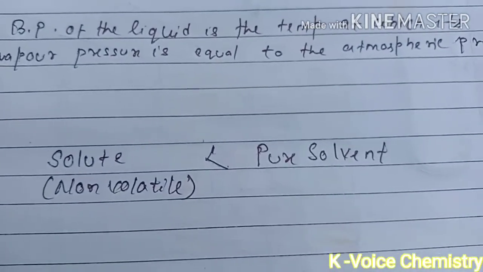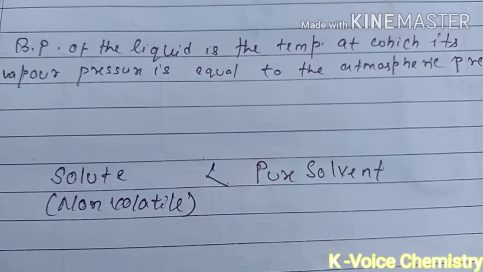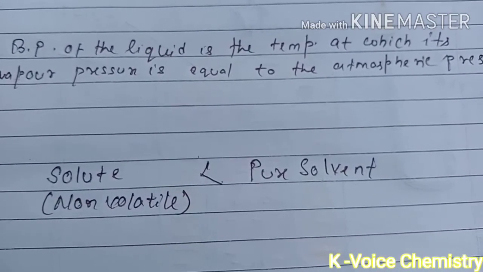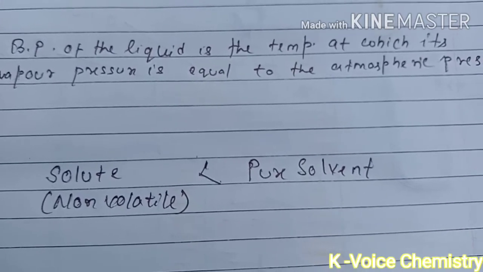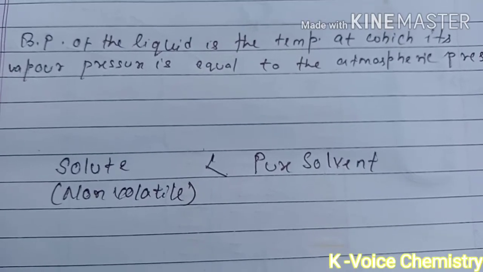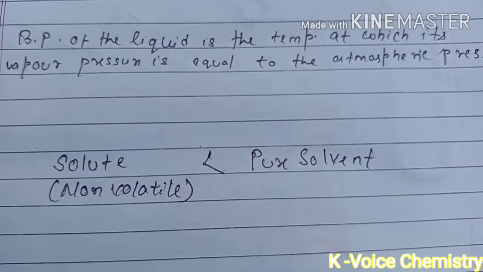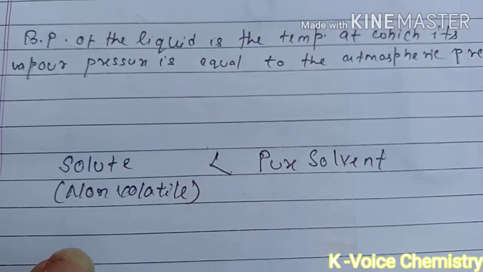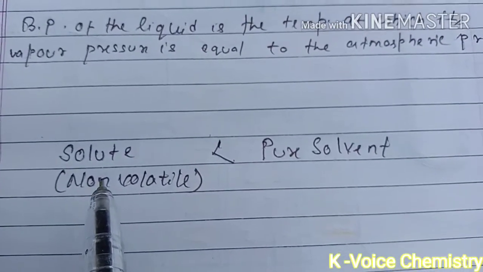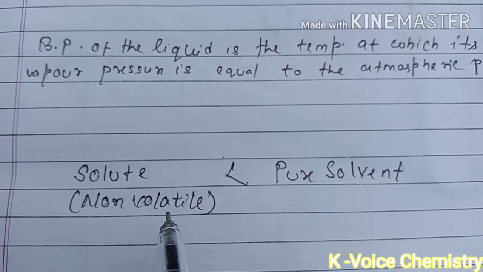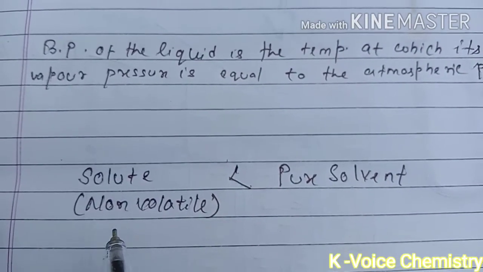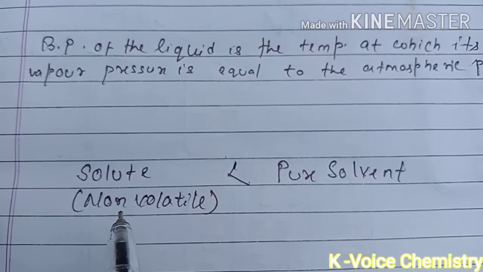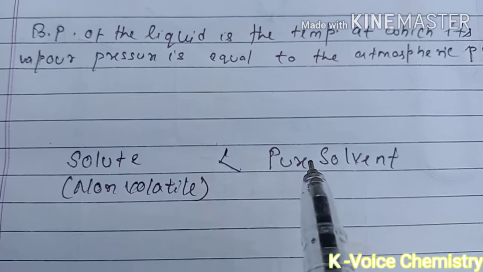And what is this vapor pressure? This vapor pressure is generated when a molecule evaporates. If a molecule does not evaporate, then the amount of vapor pressure generated will automatically be zero. So this solute, which is non-volatile, will not evaporate, so we can assume the vapor pressure of this solute to be nearly zero.